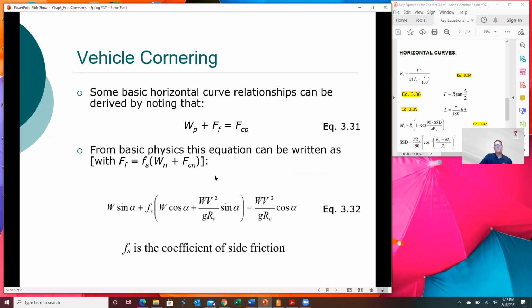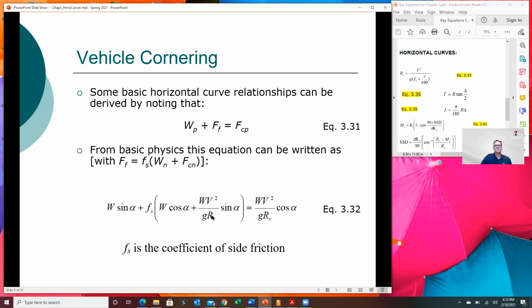Okay. So based on that, just like we've done in the previous classes for the derivation of equations based on the physics of the traveling of the vehicle, basically you start out here with the weight parallel plus the frictional forces equal to the centripetal force parallel to the road.